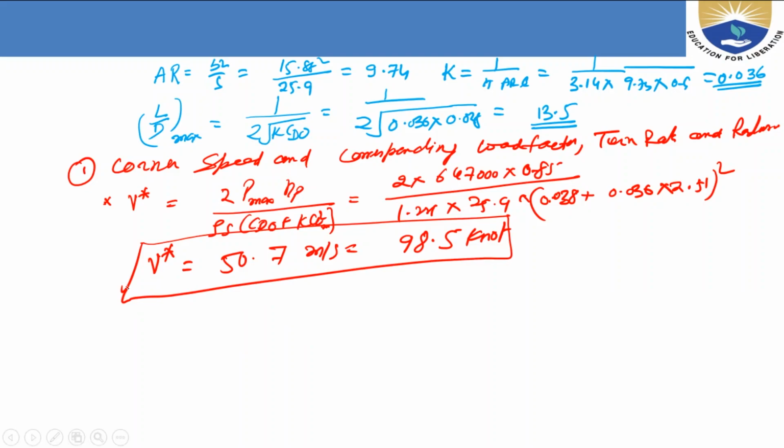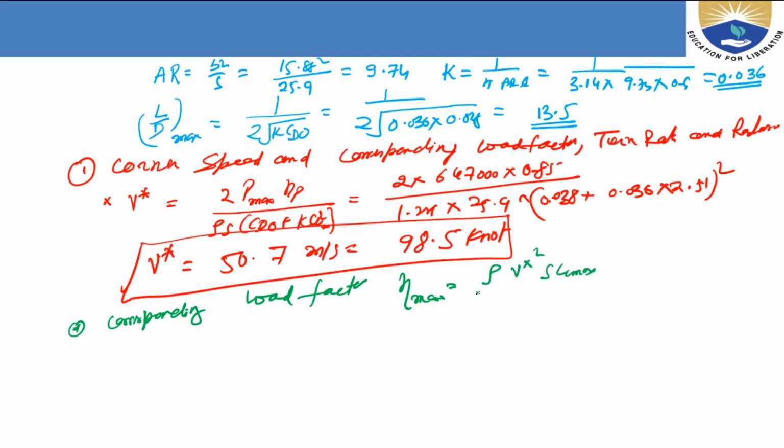Now we have to see the corresponding load factor. We know that n max is equal to rho V star square S CL max divided by 2W.